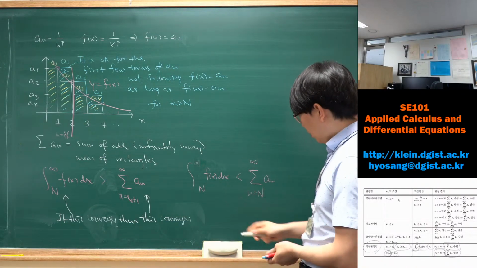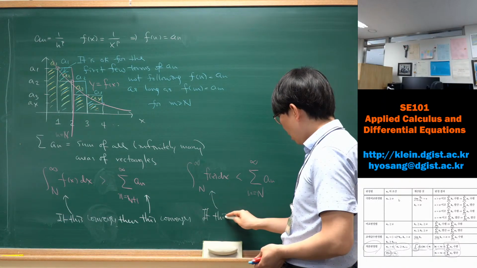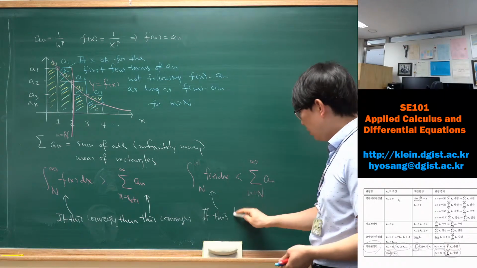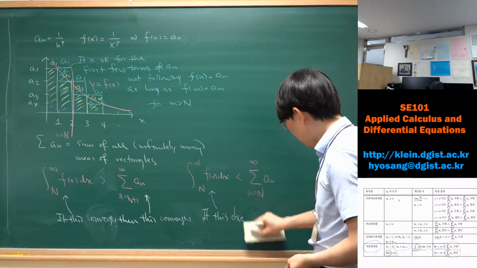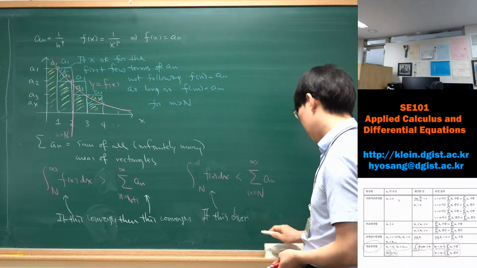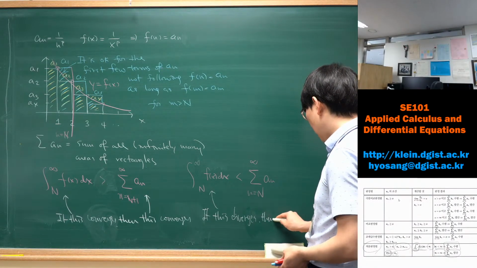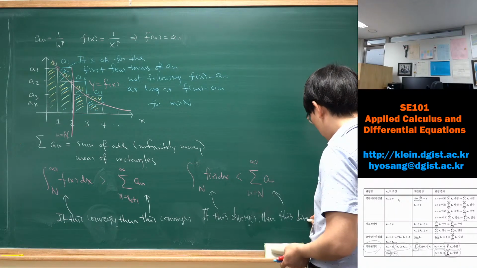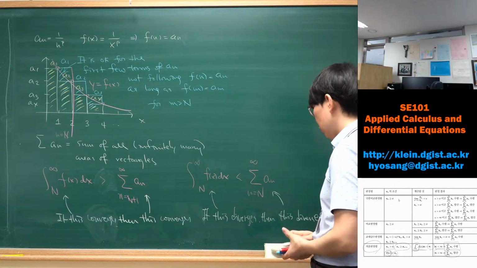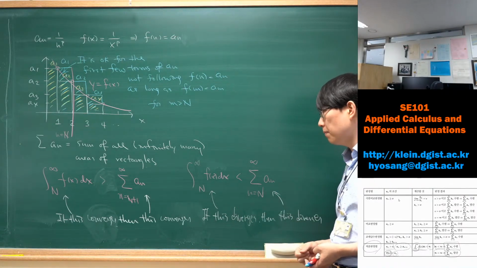Okay, so if this now diverges, then this also diverges, because if the smaller one diverges, then the larger one diverges, obviously.